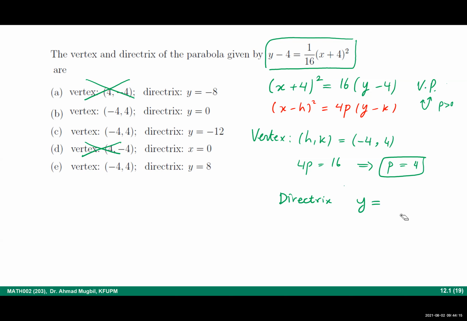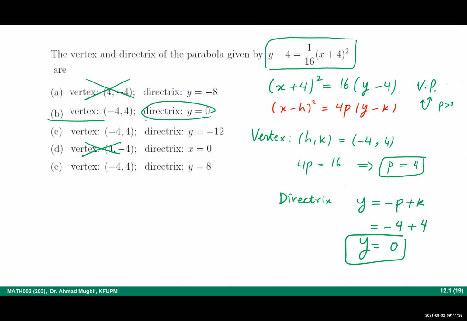So y equals what? Do you remember? Minus p plus k. So this will be negative 4 plus 4, which is 0. y equals 0 is the directrix. So the right answer is B.